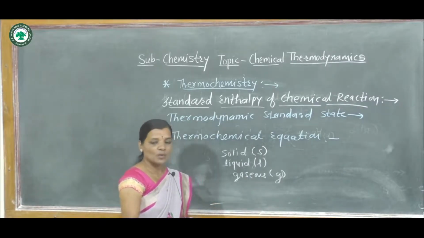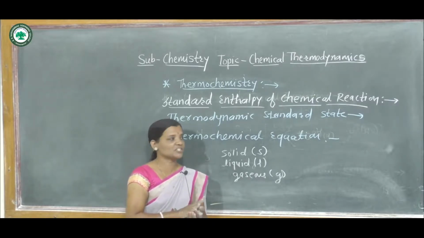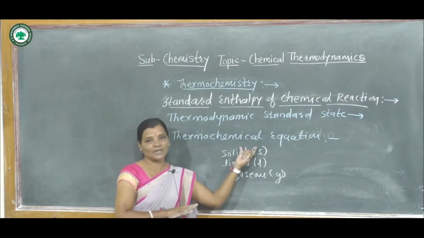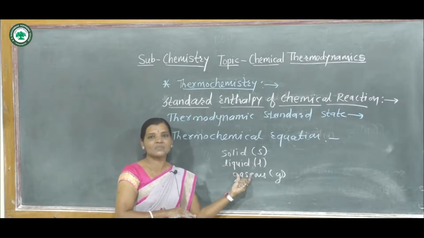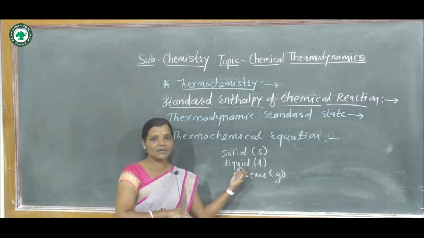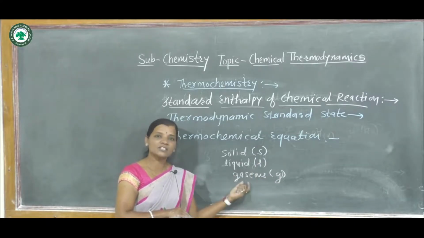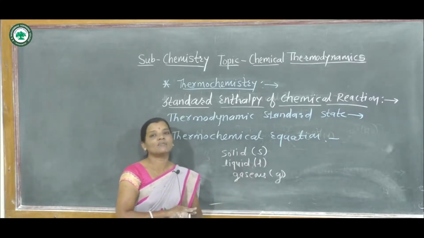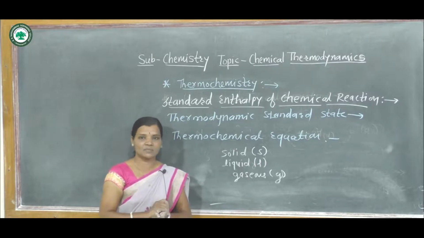And here, if we write a chemical equation as a thermochemical equation, it is balanced with respect to the number of moles as coefficients for reactants and products, and the physical state of every reactant and product is mentioned.